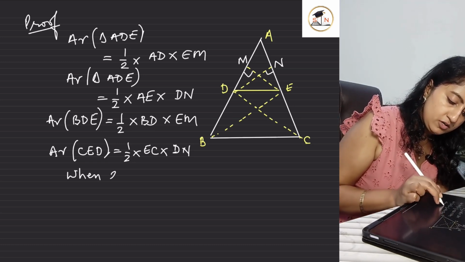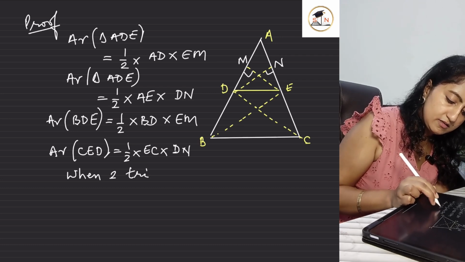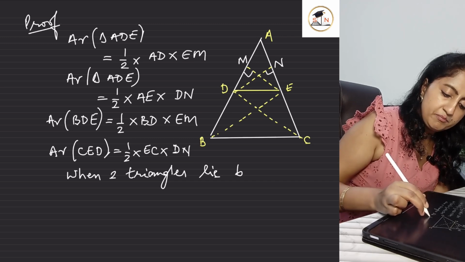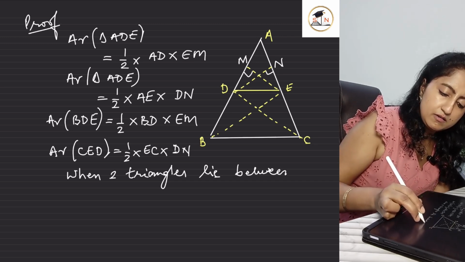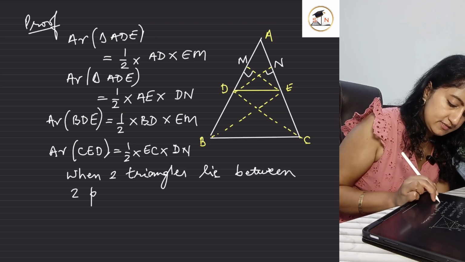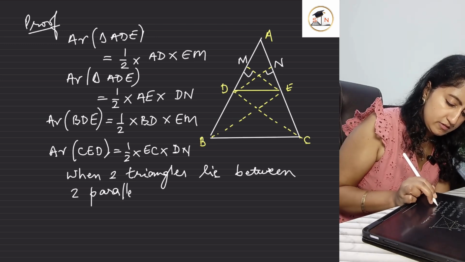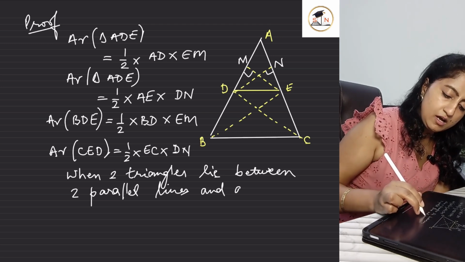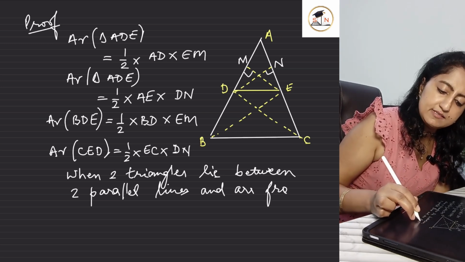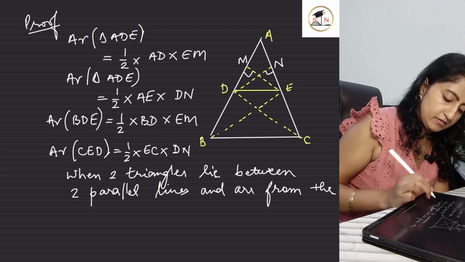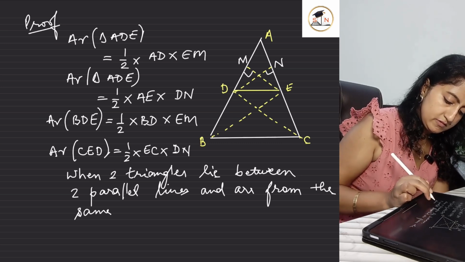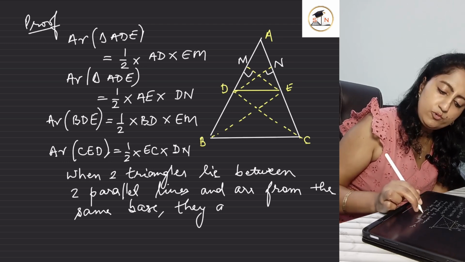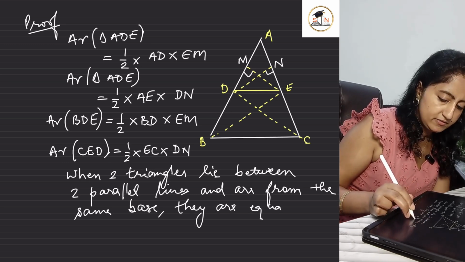When 2 triangles lie between 2 parallel lines and are from the same base, they are equal in areas.